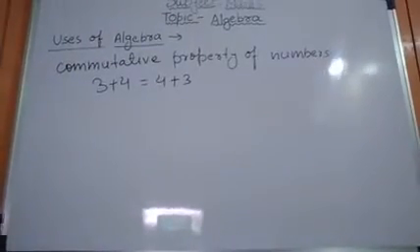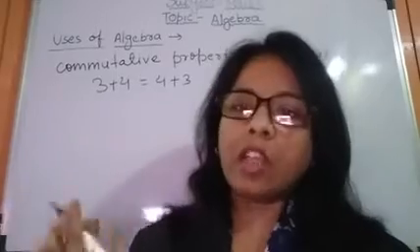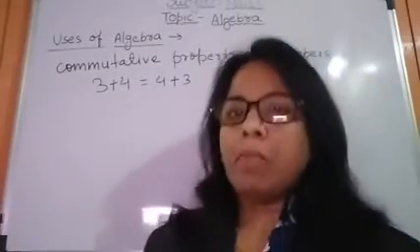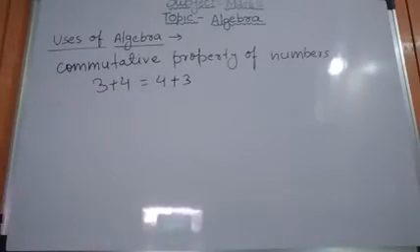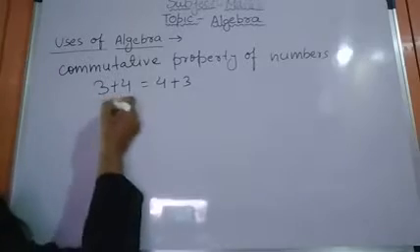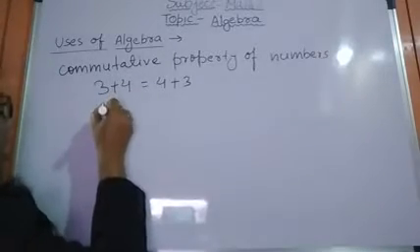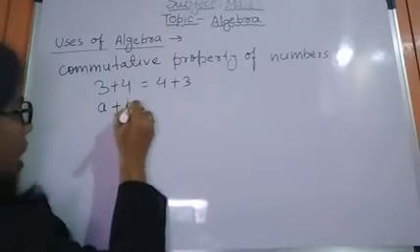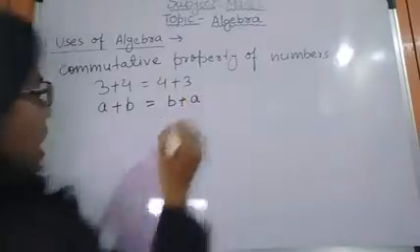That means the order of numbers cannot change the result. Fine. So 3 plus 4 is equal to 4 plus 3, that is 7. So we can generalize, make the rule, make the formula. In place of 3, we can write A. In place of 4, we can write B. So A plus B is equal to B plus A.